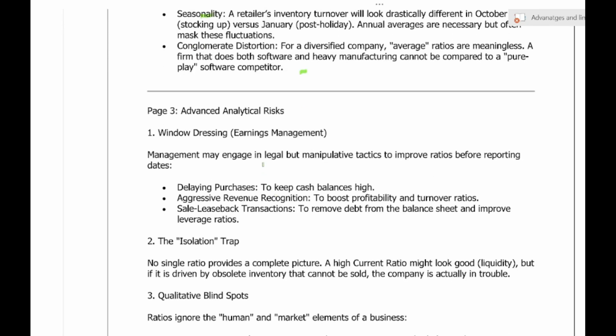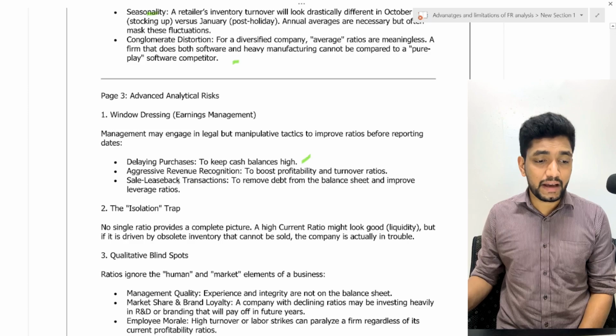Then the window dressing. Window dressing means management practice of trying to keep the financial records more attractive. Even if it is 100% legal, they are trying to manipulate and improve ratios before reporting dates, like delaying some purchases, aggressive revenue recognition and sale and leaseback transactions.